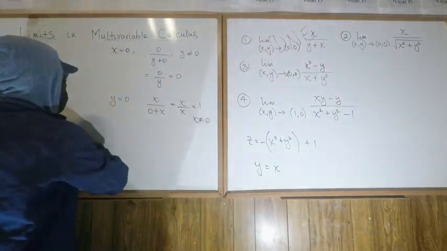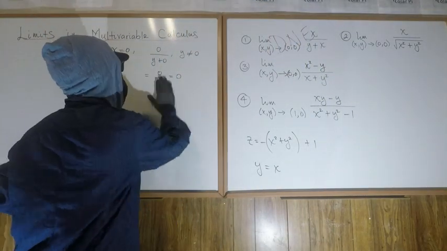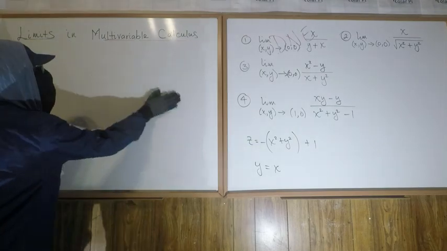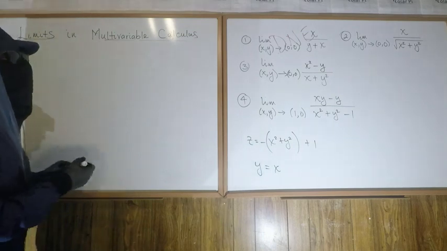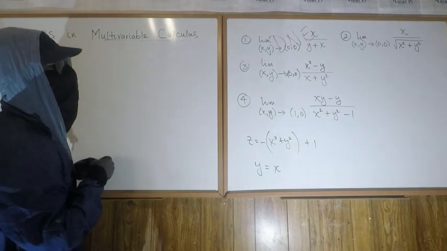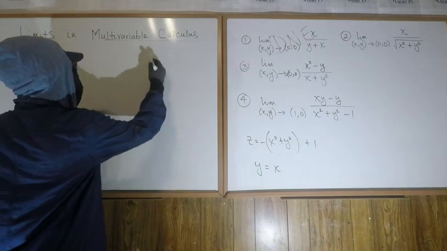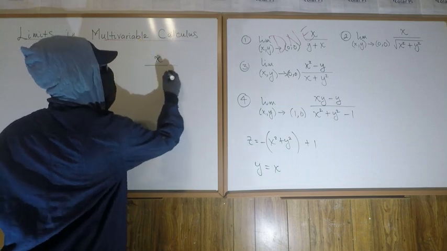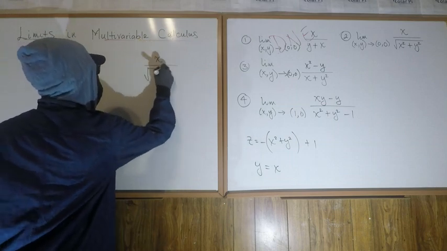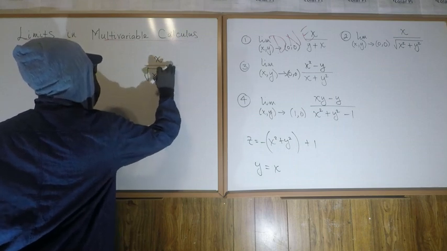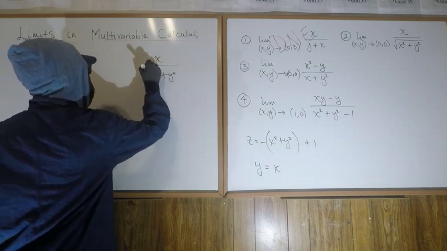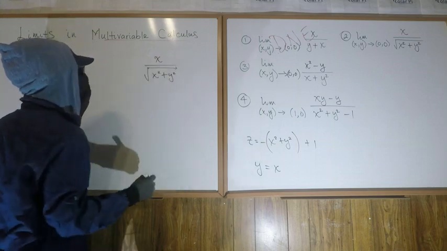Okay. So we keep it moving. On to the next one. That's that one. And for that one, we're going to x over root x squared plus y squared, and we go as xy goes to 0, 0.